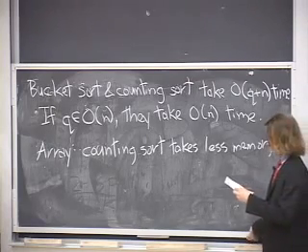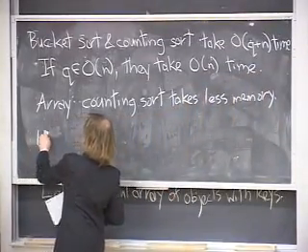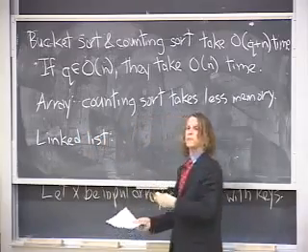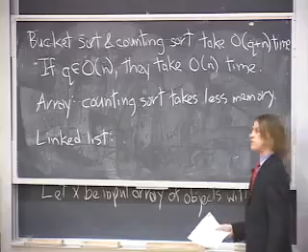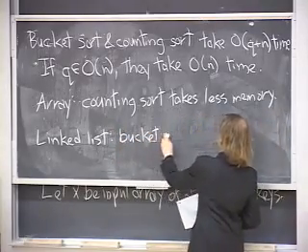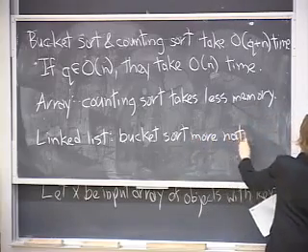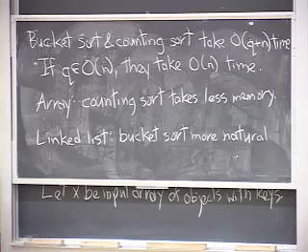On the other hand, if you're sorting a linked list, well then bucket sort is just a more natural way to do it because bucket sort uses list nodes. Any questions about that?